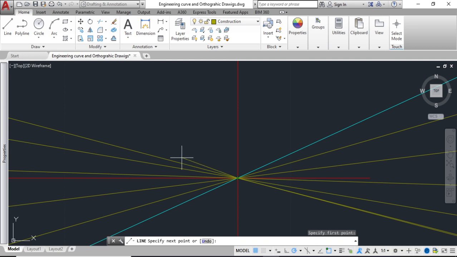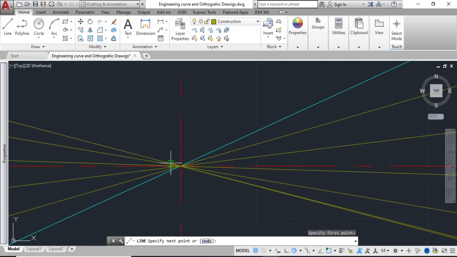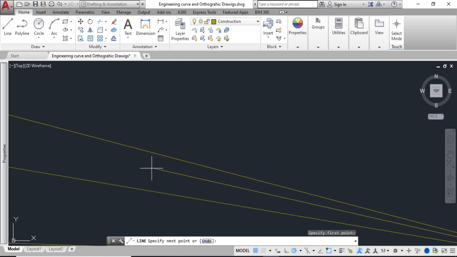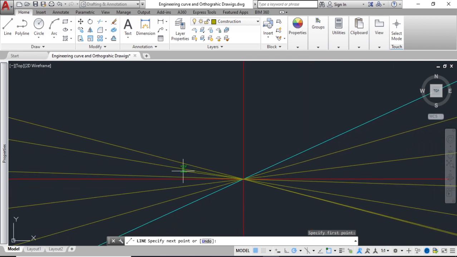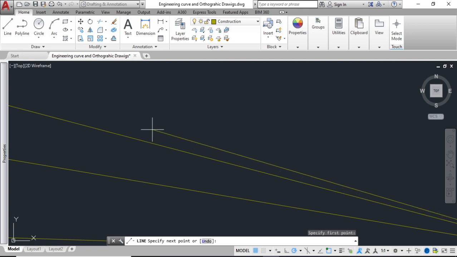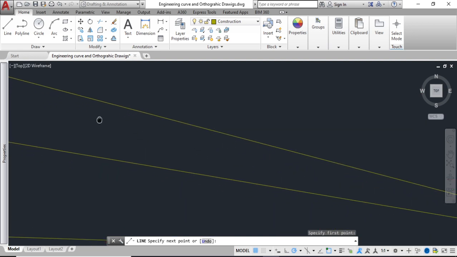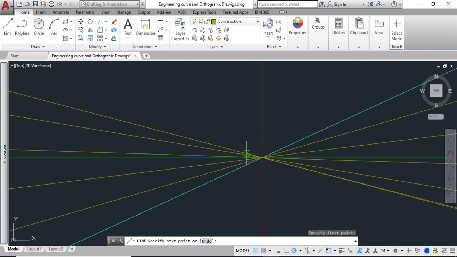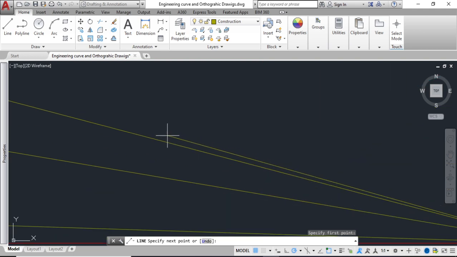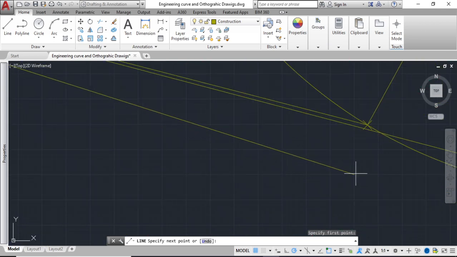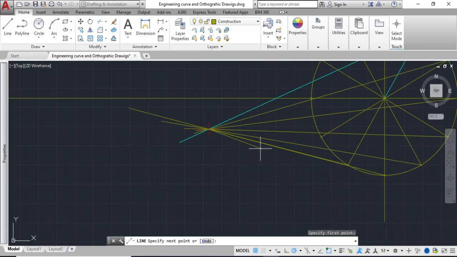Alright. So this one will be extending. Alright, this one is a bit tedious because it's almost in line with this one. 5 and 4 is almost in line and they meet at the same place.